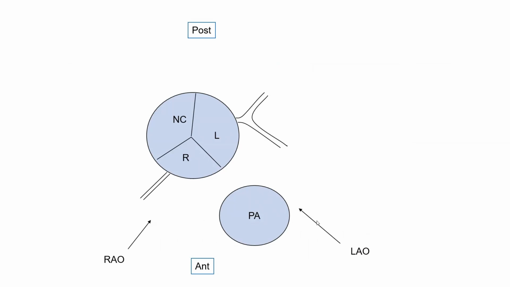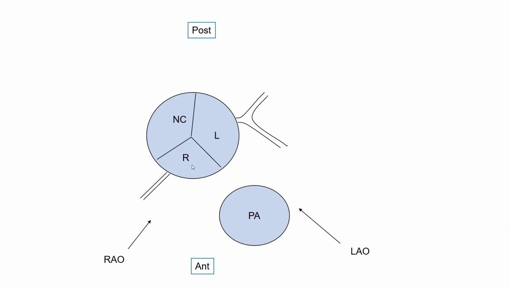Now, LAO is still very important. LAO spreads apart the right and left cusp, and it's the view that you start with in anomalous coronary, because it is the view that tells you first whether the coronary arises from the right and left cusp. It's the view that tells you whether there is an anomalous coronary to start with. So it will tell you, okay, my left coronary is not arising from the left cusp.